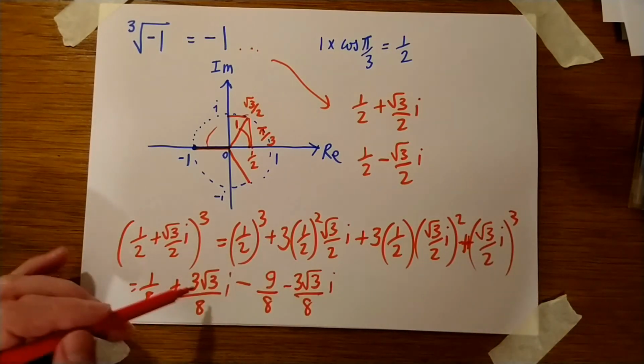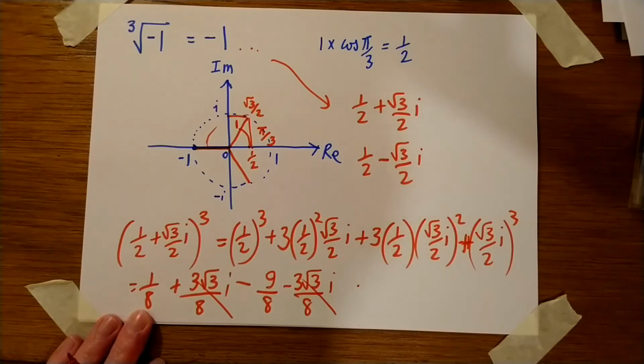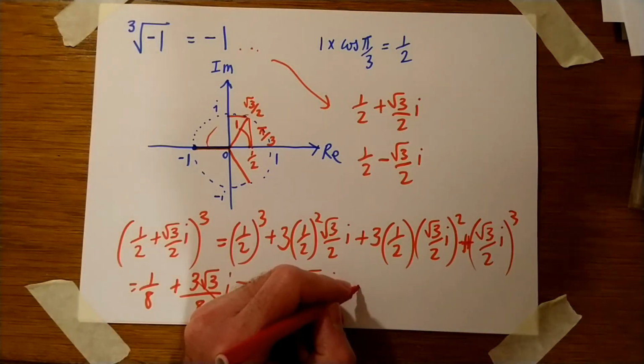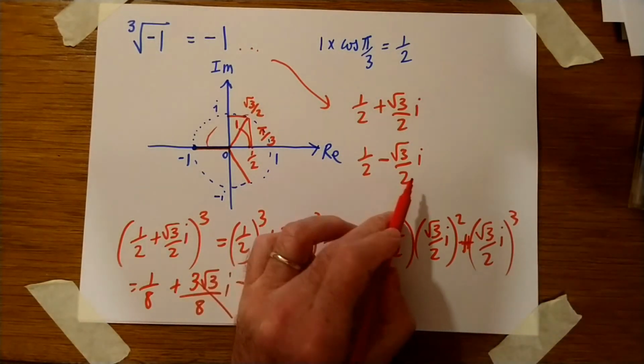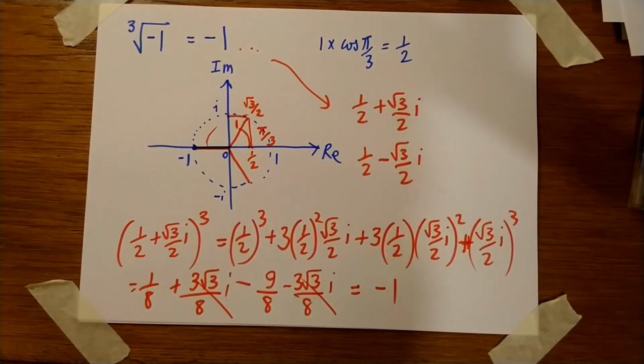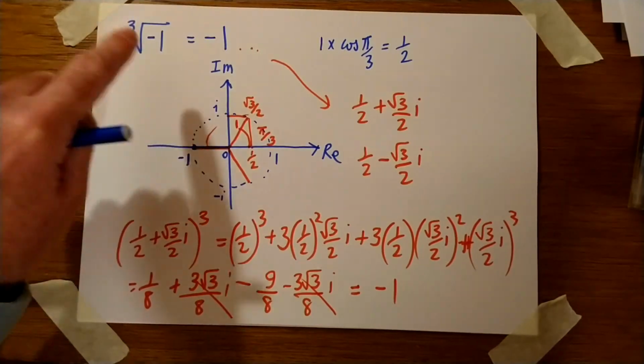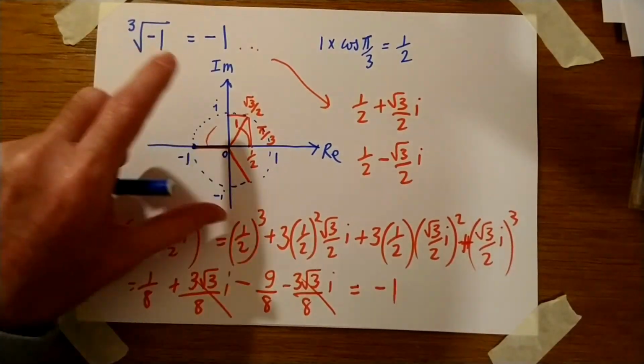Okay, so these terms cancel, and I'm left with 1/8 minus 9/8, which is -1. And if you check the other one, that'll give you a similar result. So in short, there are 3 cube roots of -1, and that's true for all numbers.